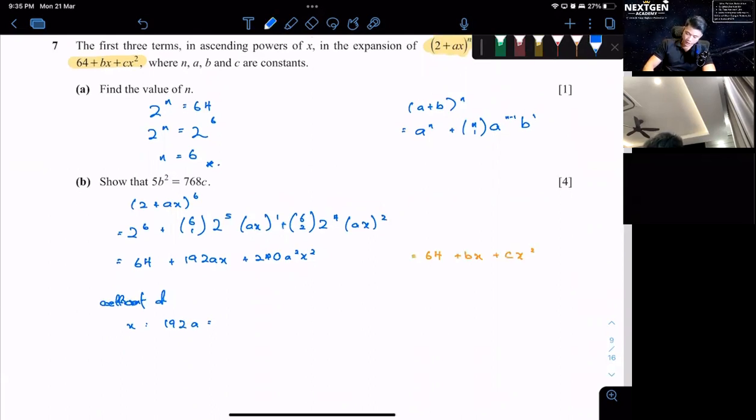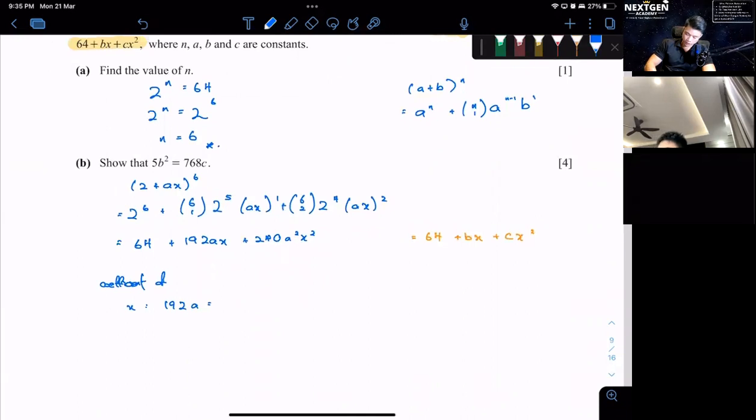So we compare the x and the x together. So 192a is equal to b, where a is equal to b over 192.